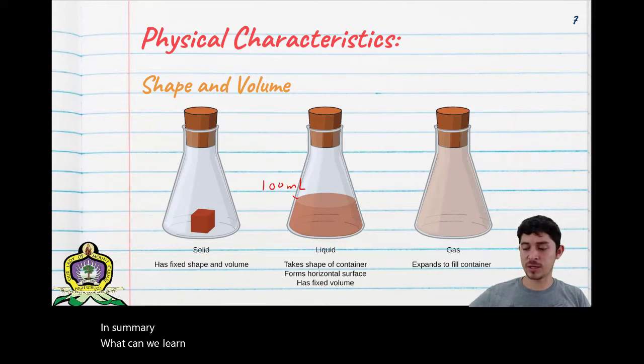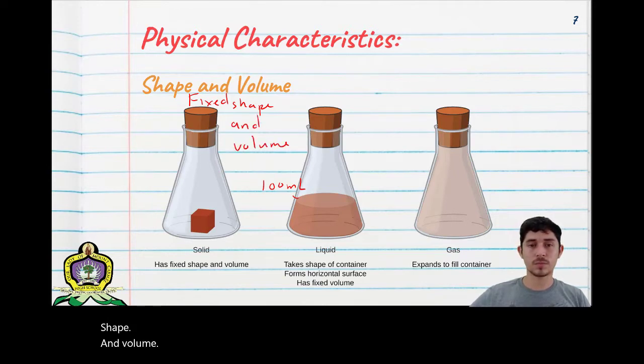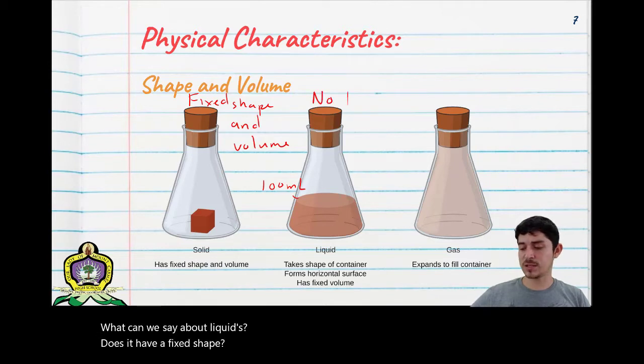In summary, what can we learn here? The first thing is that solids have fixed shape and volume. What can we say about liquids? Does it have a fixed shape? So no fixed shape, but constant volume.